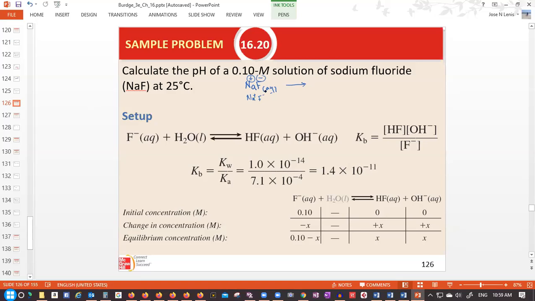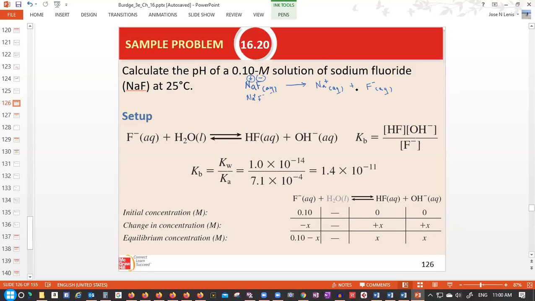So they are not going to ionize because they are already ions. So what are they going to do? They are going to dissociate. Water is going to help that dissociation, forming Na plus aqueous plus F minus aqueous. So this is not a reaction, it's just a dissociation process. You are dissolving the salt into water.